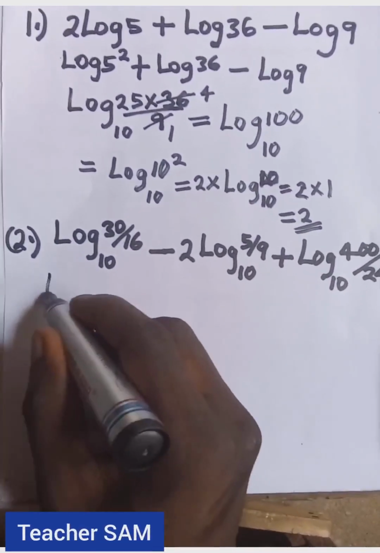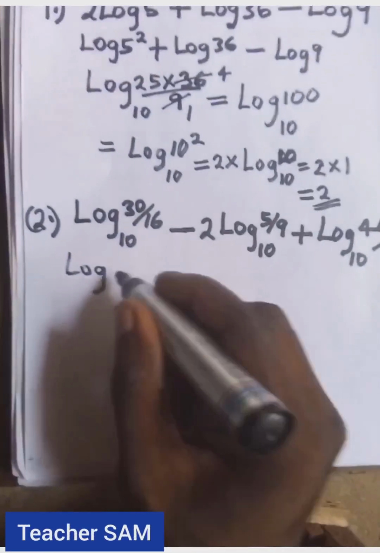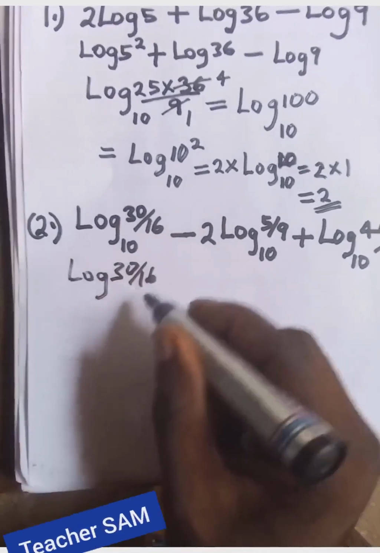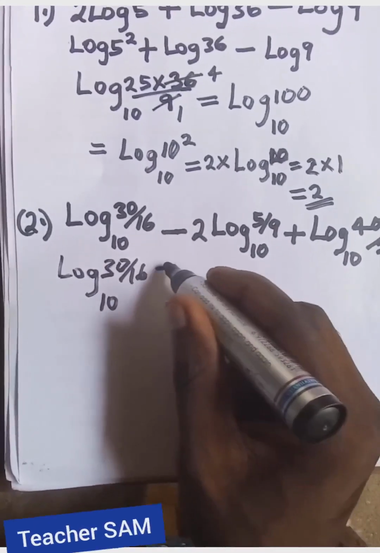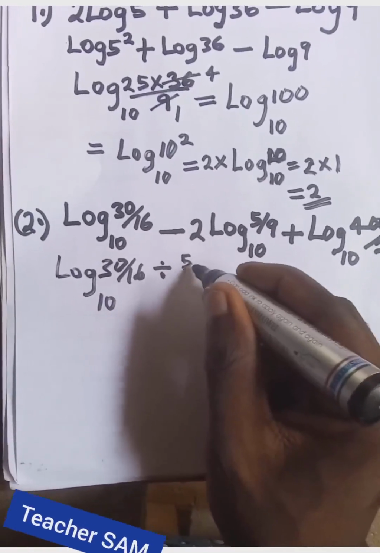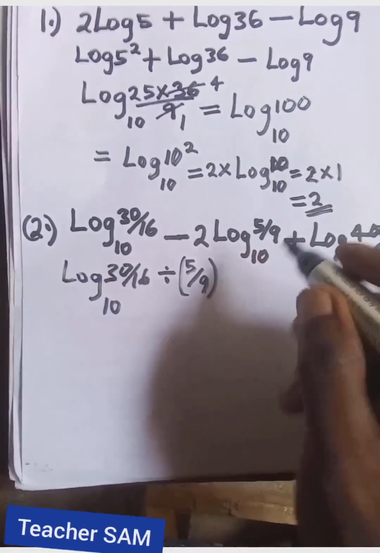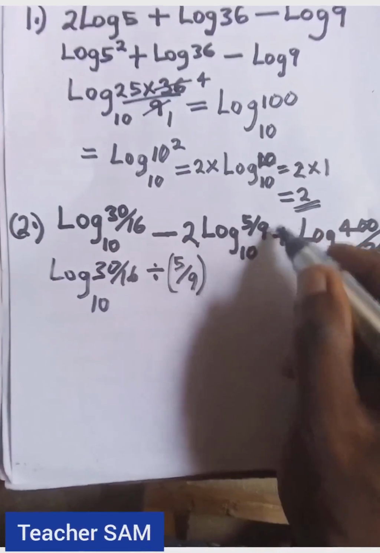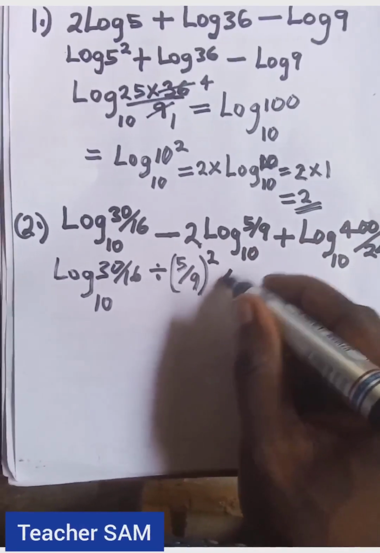So this will now be log 30 divided by 16 to base 10 divided by 5 over 9. Now I'm going to raise this to power 2 because I'm bringing this 2 to raise this as power.